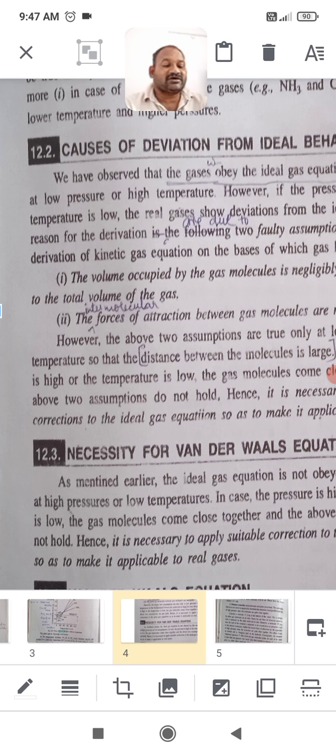In order to get an equation relating volume, pressure and temperature, which is obeyed by real gases over a wide range of pressure and temperature, a number of equations of state have been suggested, of which Van der Waals equation is the best known. Van der Waals made correction terms in the ideal gas equation to account for the errors introduced as a result of the above two assumptions.